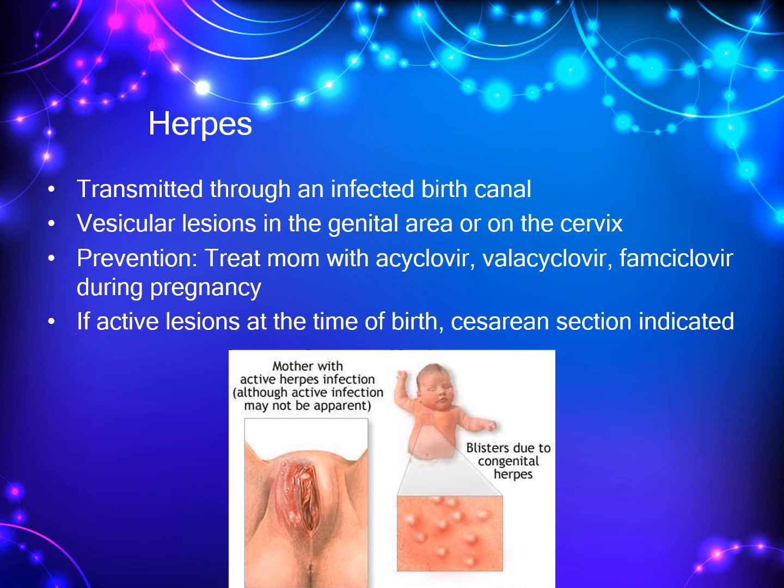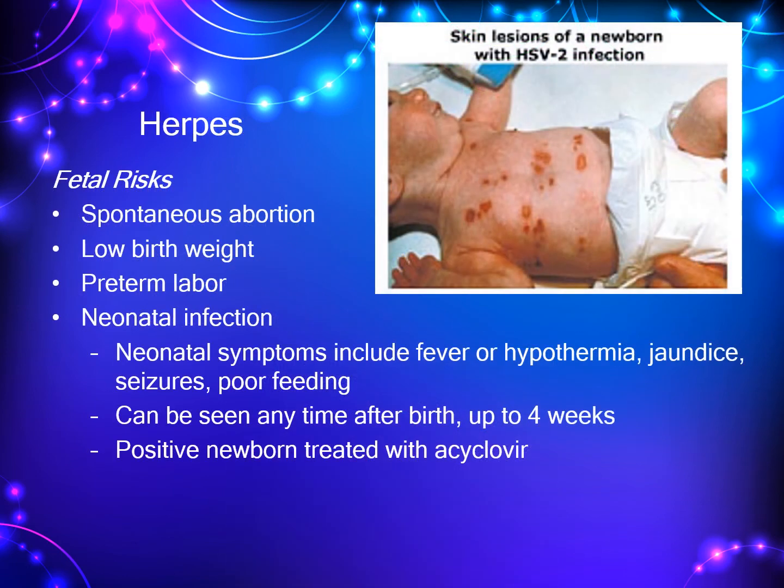Remember that if mom has active lesions at the time of birth, then she will receive a cesarean section. Fetal risks of herpes infection include spontaneous abortion, low birth weight, preterm labor, and neonatal infection.